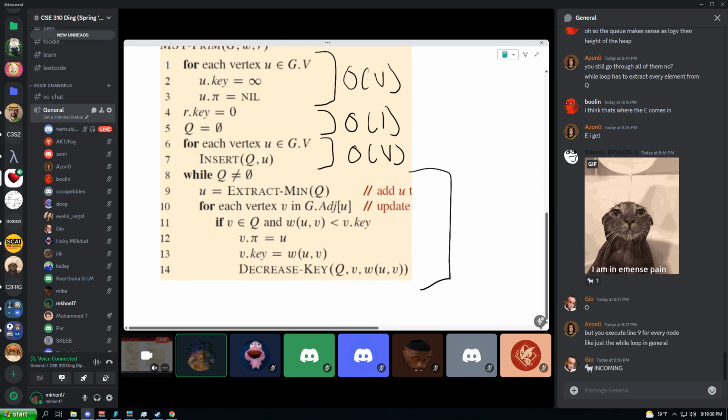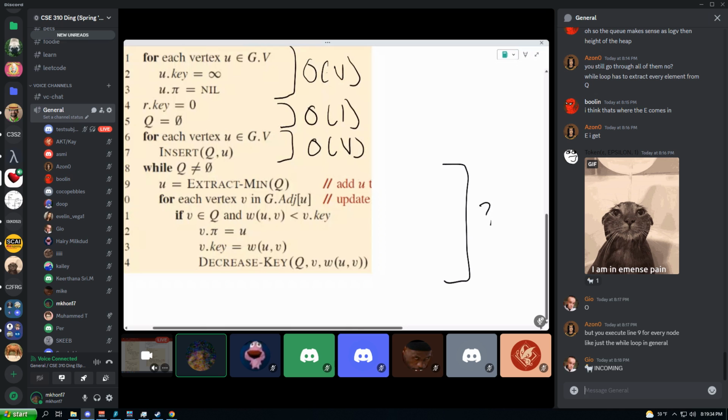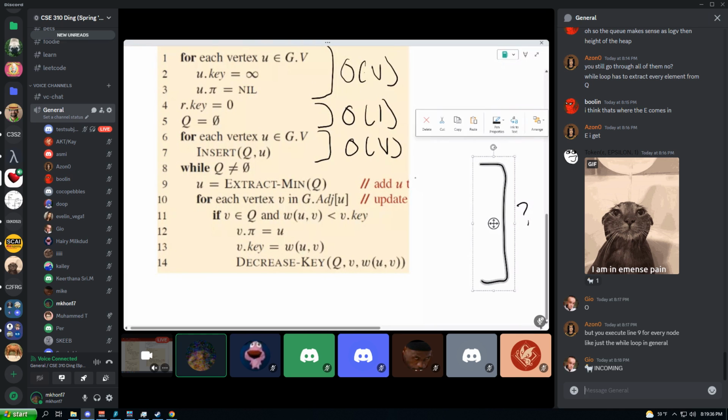So we have some sort of while loop, which in the large scheme of things, we don't know, okay? So we have extract min. Extract min, if I remember right, you have to delete the node and then get it back, so that's going to be log V. That's fine. We have that happening, and then we have a for loop for each vertex v in the adjacency list of u. Okay, that's fine, that's not too big.